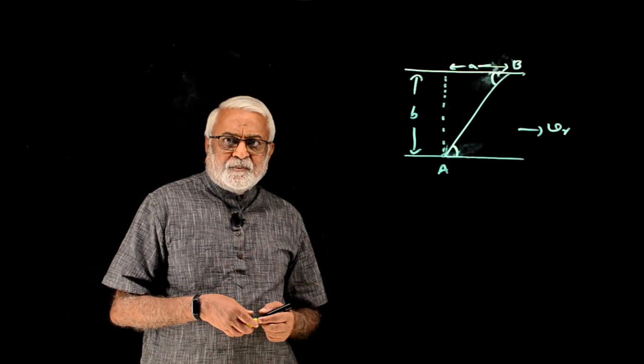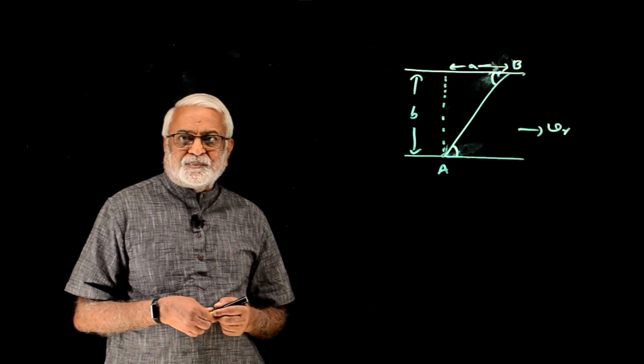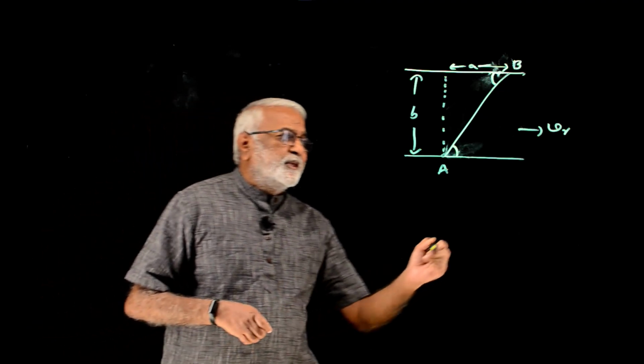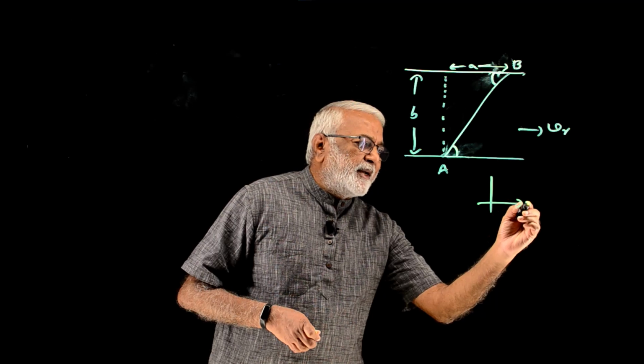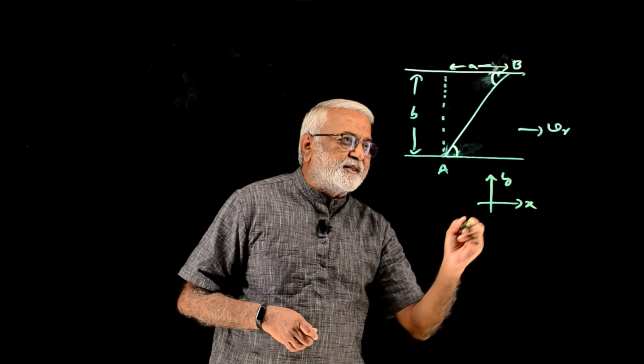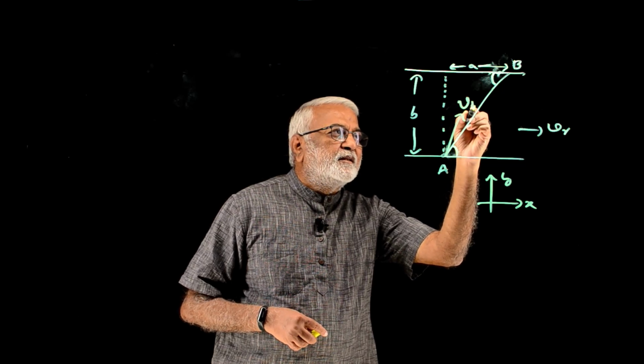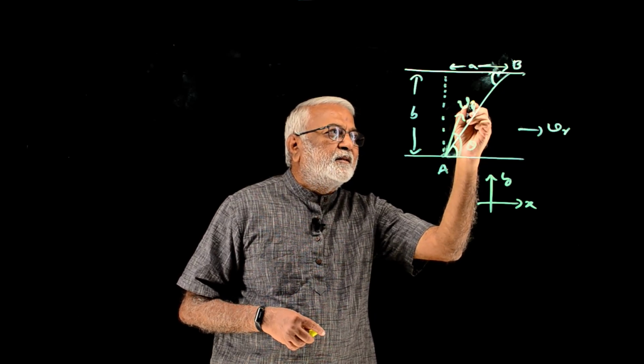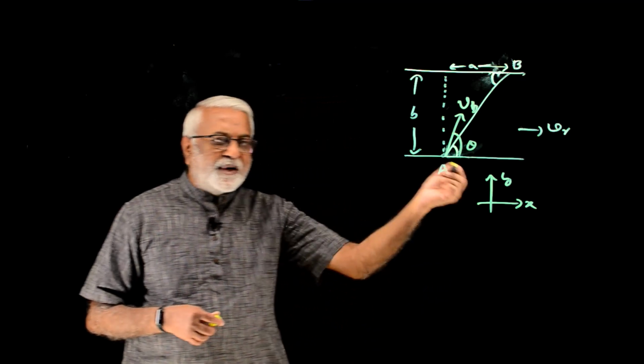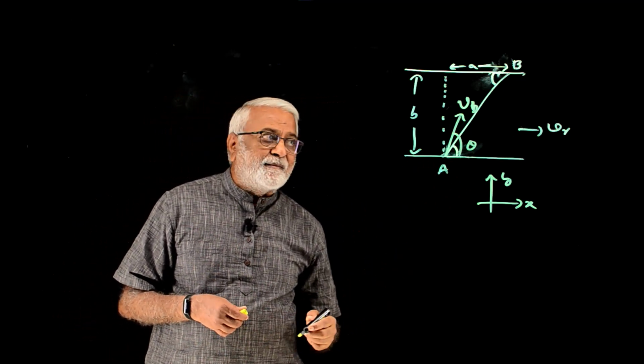Let's solve the problem the routine way. The routine way would be to choose an x-axis parallel to the banks and y-axis perpendicular to it. Let VB make an angle theta with the banks, with the river velocity.